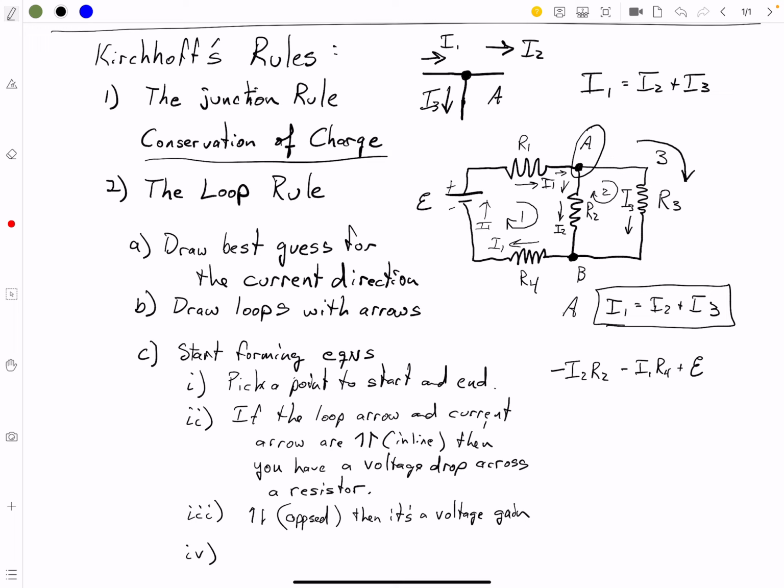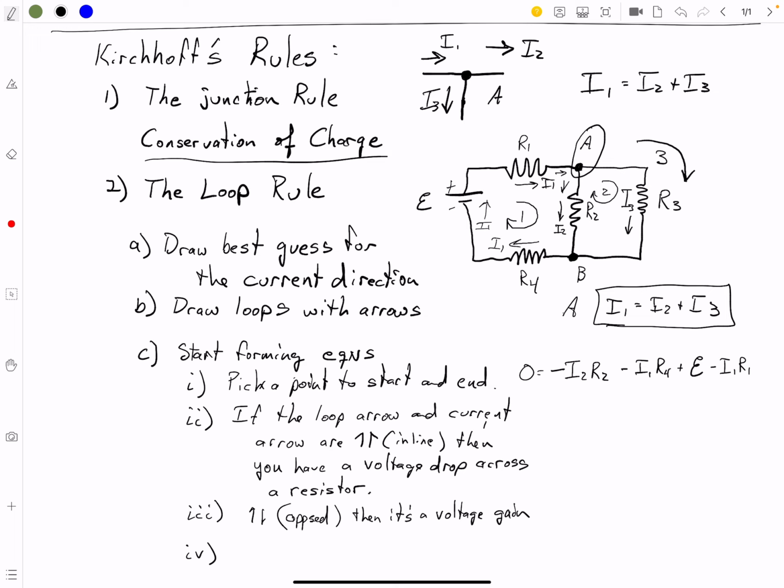So the voltage there is E, epsilon. So that's great. And then lastly, we're going to have another voltage drop, I1 and R1. What does all that equal to? 0. Okay, all of that equals 0.